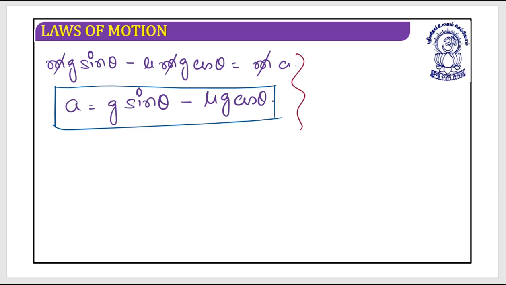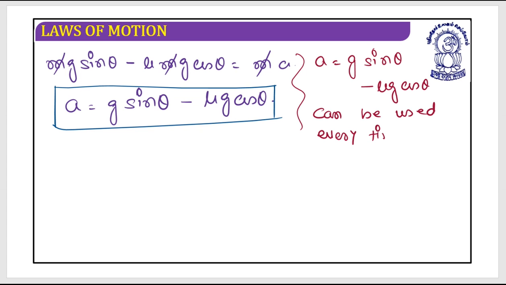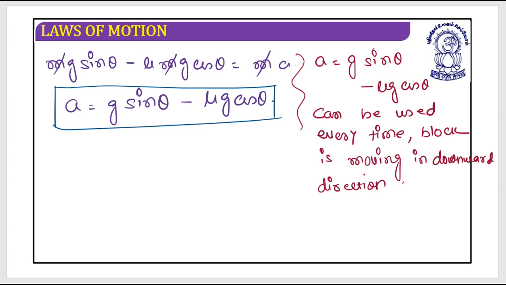A is equal to g sin theta minus mu g cos theta can be used every time a block is moving in the downward direction on a wedge with friction.